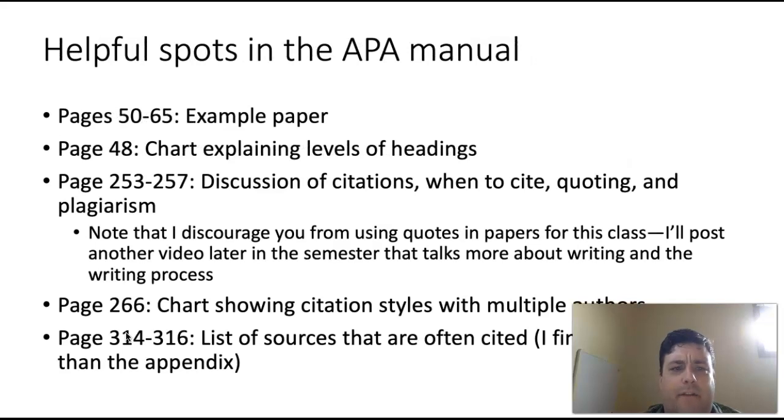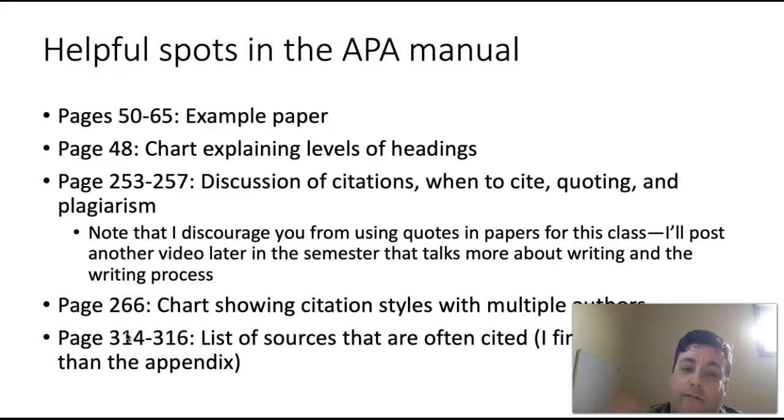A couple of spots that I find helpful. There are some example papers in the APA manual. Note that in this most recent edition, they did, as I said a couple of minutes ago, back away on the font. They changed the font away from Times New Roman. And that's the only exception to the style rules that we're following.